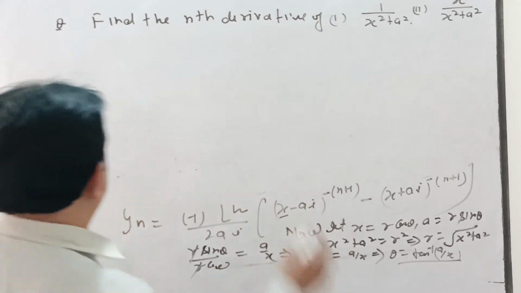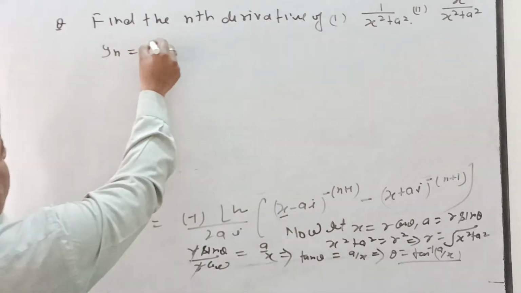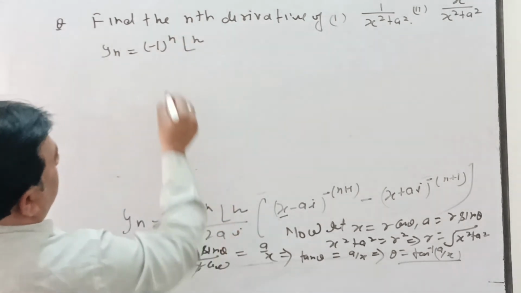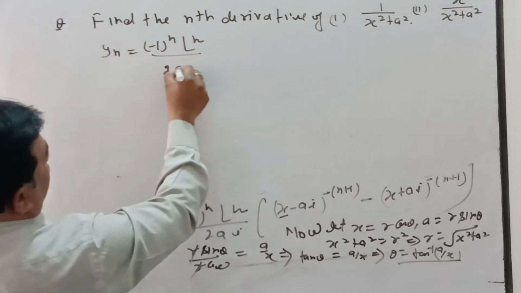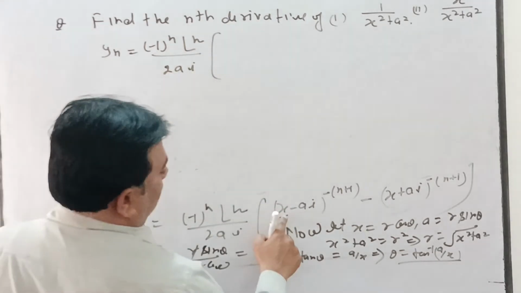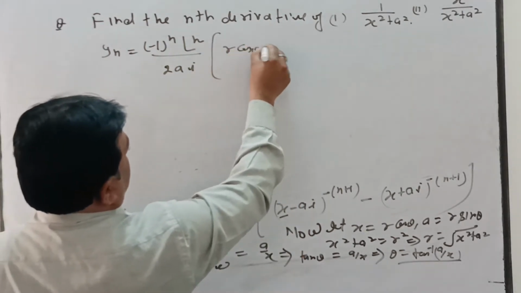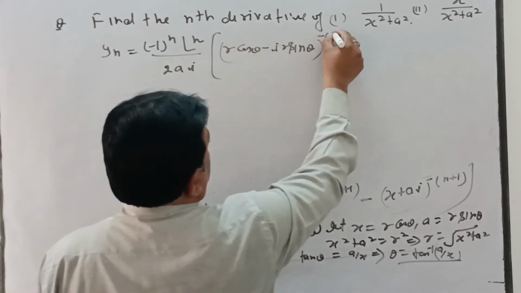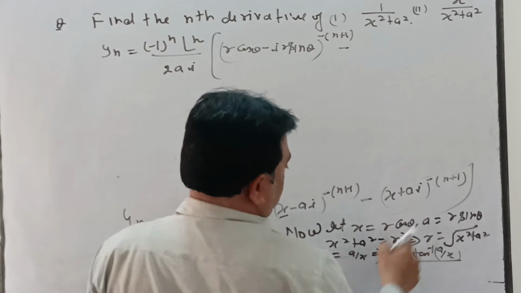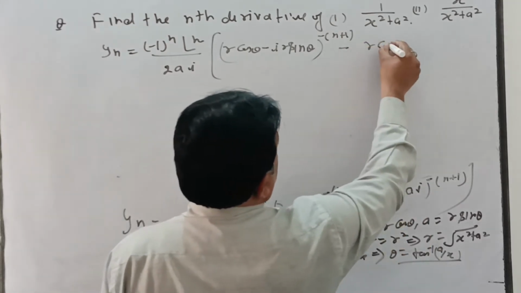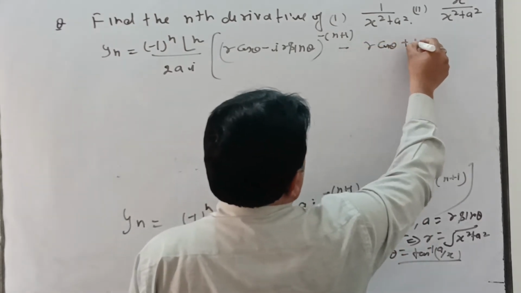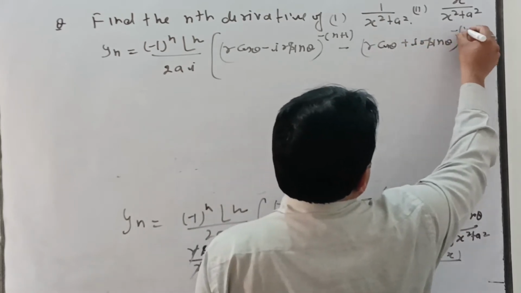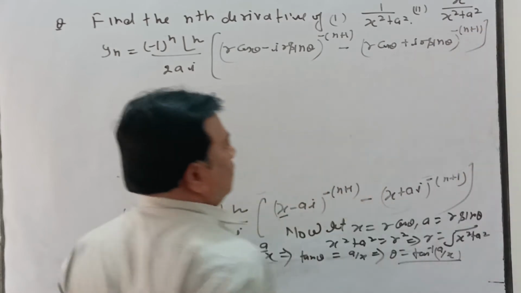We put these values in place of x: r cos theta. y n equals minus 1 to the power n factorial n upon 2ai, times r cos theta minus i r sin theta to the power minus n plus 1, minus similarly r cos theta plus i r sin theta to the power minus n plus 1.